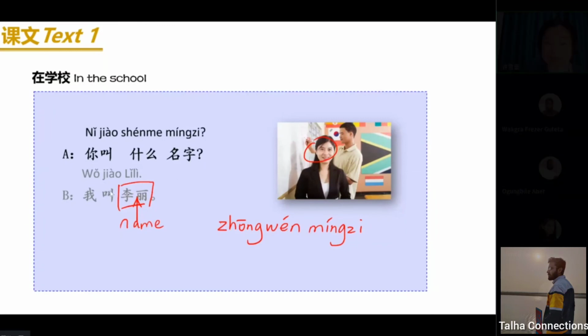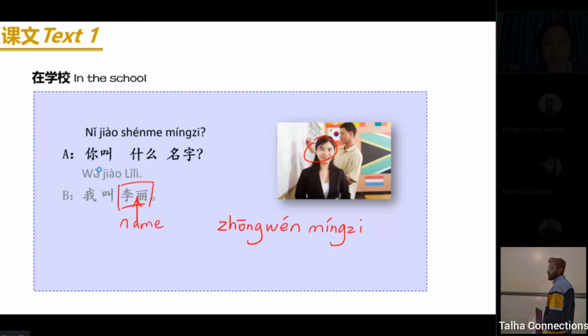Okay, now let's read the dialogue. So, 跟我读 means you read, follow me to read. So, let's just read the dialogue, and later you will practice how to ask someone's name.